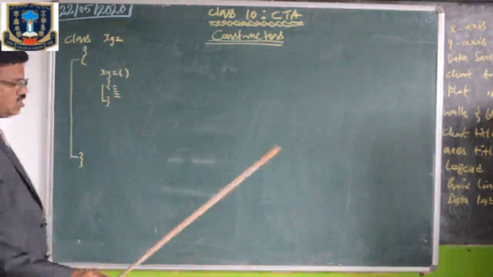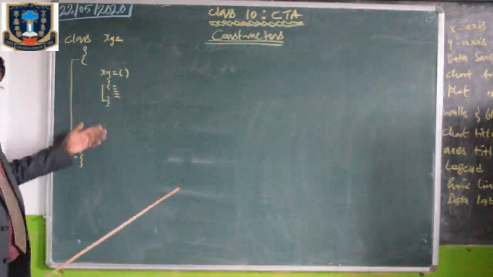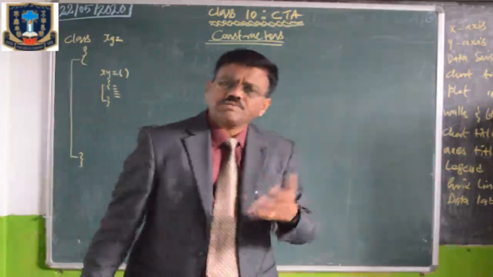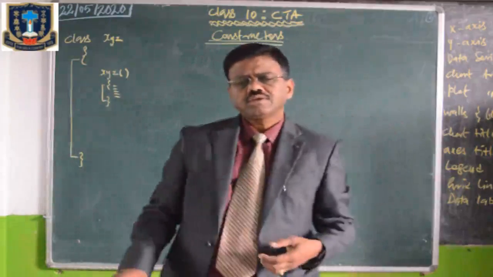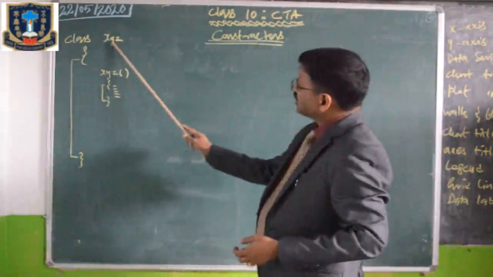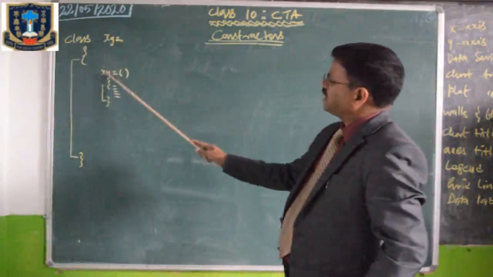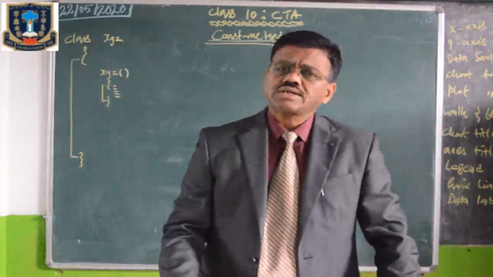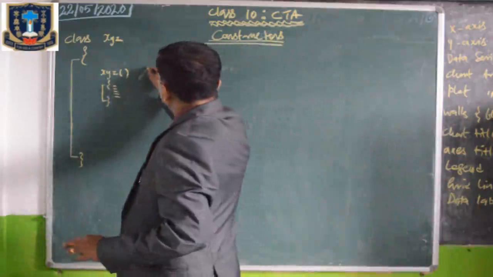You may have any number of member functions. You need not have only one constructor, you can have multiple constructors. So, if the class name and the method name are the same, then it is known as a constructor.